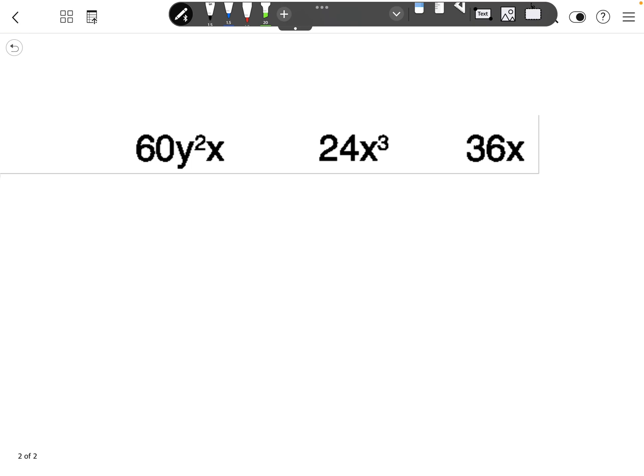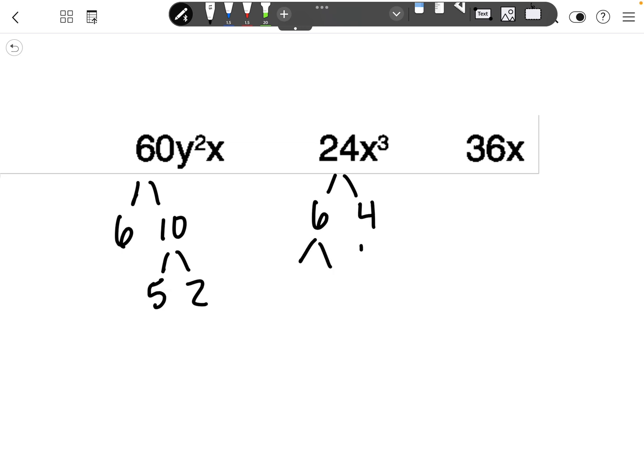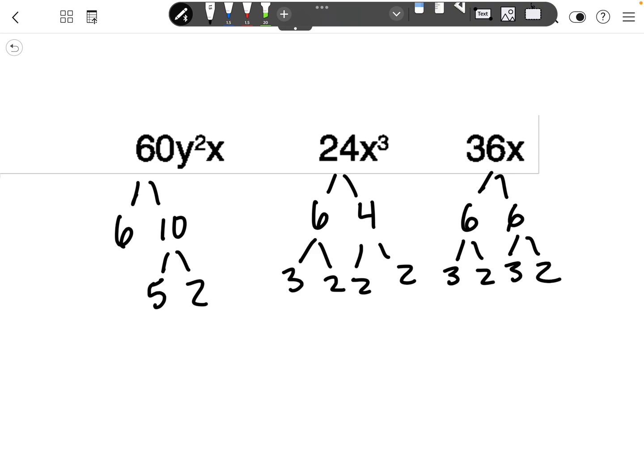One more. 60, 6, and 10. So after I've broken all of those down, again, I'm going to look to see what's in all of them.